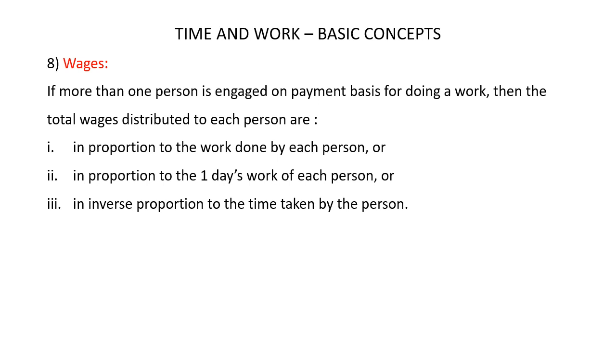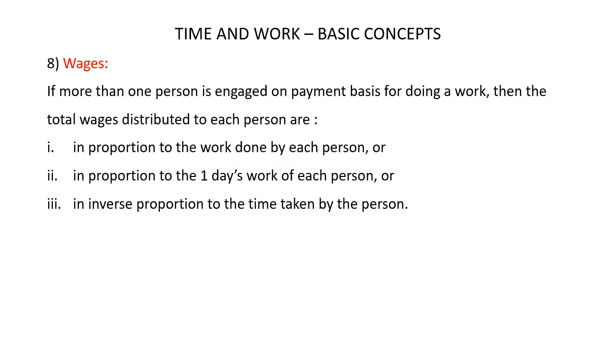Now let's understand the concept of wages. If more than one person is engaged on payment basis for doing a work, then the total wages distributed to each person is in proportion to the work done by each person. This means the person who does more work gets more wages.